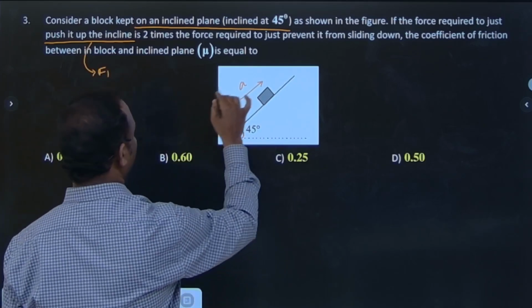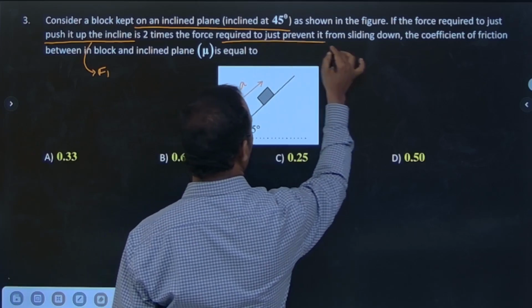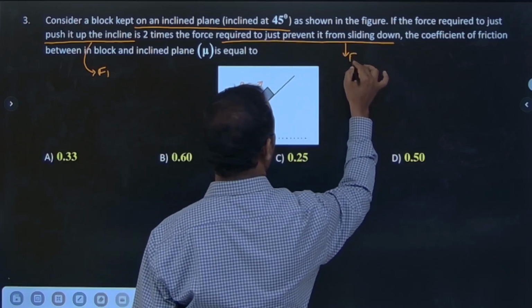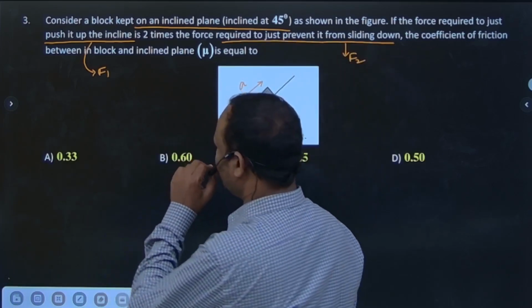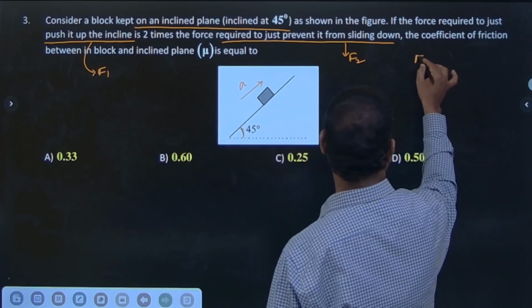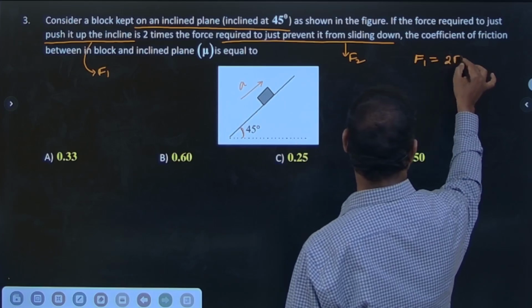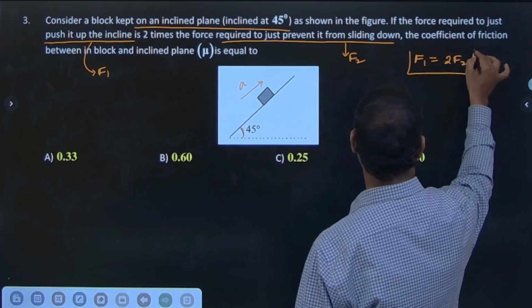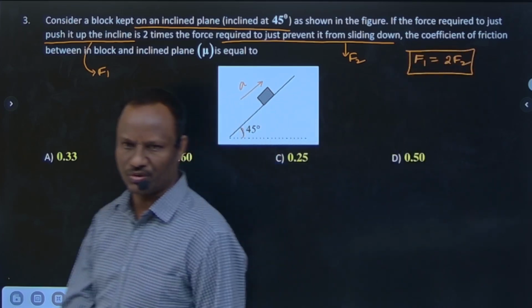And the force to prevent it from sliding, I'm calling F2. According to the given situation, F1 is equal to 2 F2.